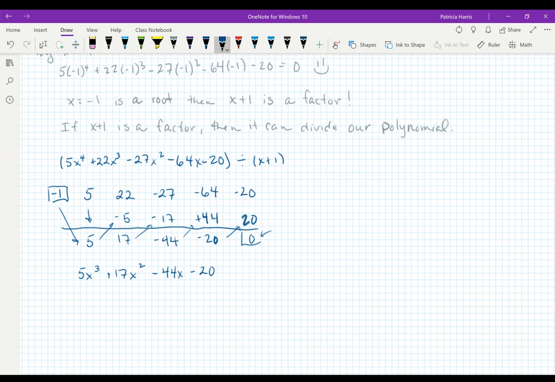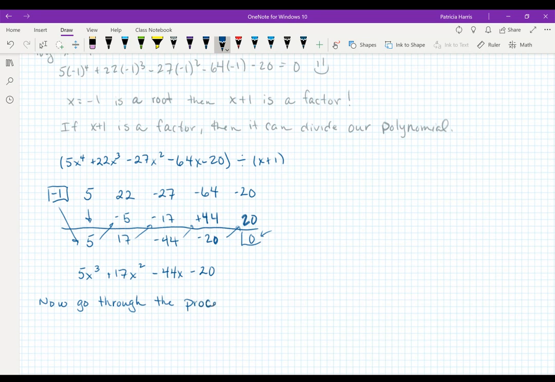That's nice, but I still can't factor it, so I'm going to have to go through the same process again. Since 1 didn't work the first time, it probably won't work again, but let's try a -1. Let's see if a -1 will work twice.